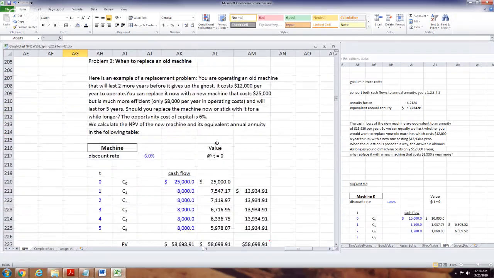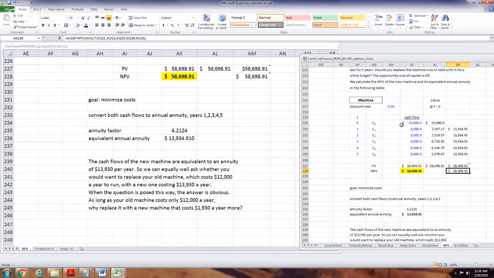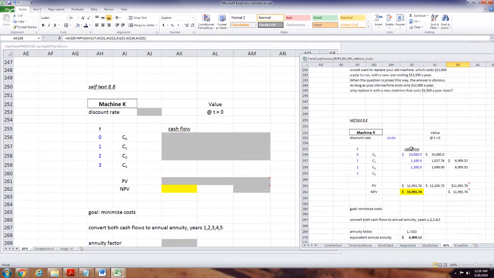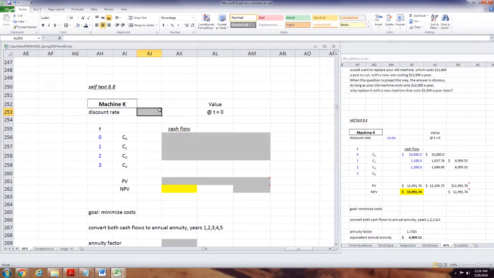And this was 13 or whatever this was. That was 58. Yeah, 13 was right there. Okay, so we're good. All right, we're going to come here. 10%. And your initial capital is buying it at 10,000. All right.